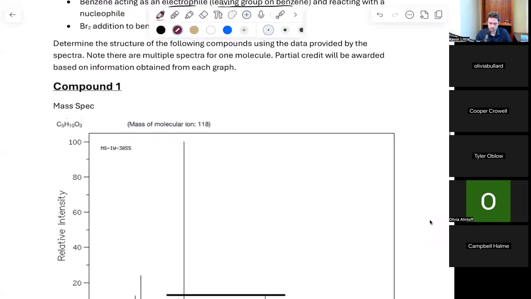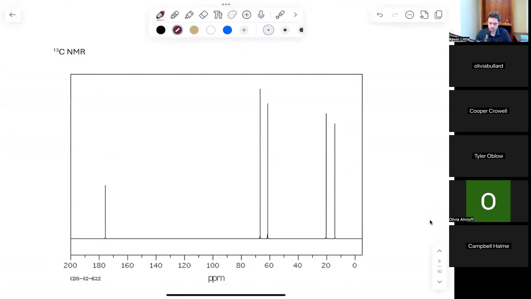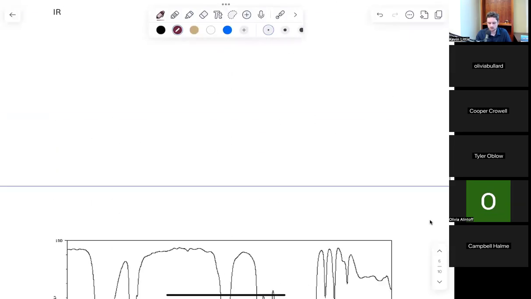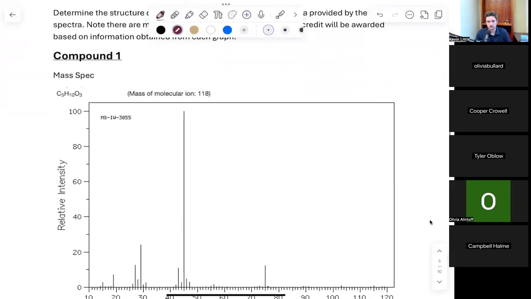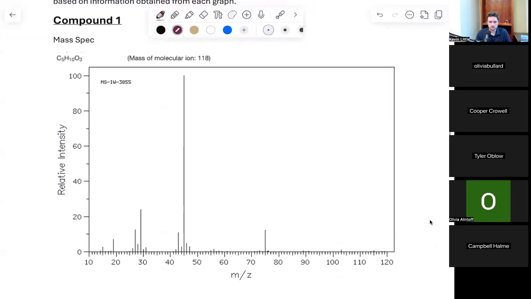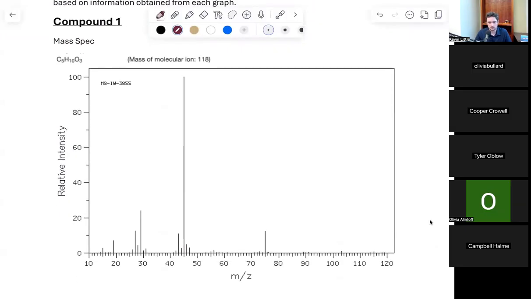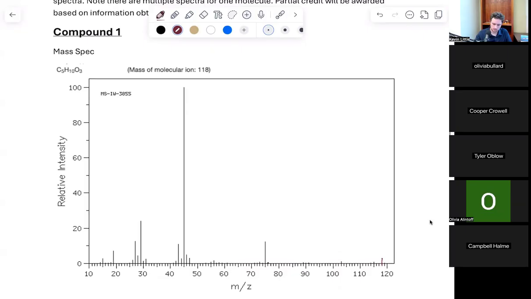For these spectroscopy questions, I'm going to give you a bunch of graphs, and I'm going to tell you that these graphs all correlate to one molecule. For the mass spec, I wouldn't waste too much time. There's a molecular ion at 118. You can't even see it, it's way over here. But using that, they've calculated this. So the first thing I would do is degrees of unsaturation.